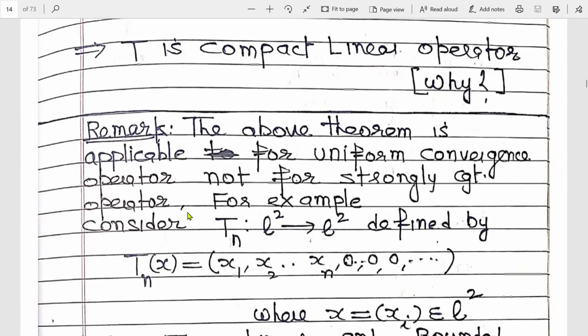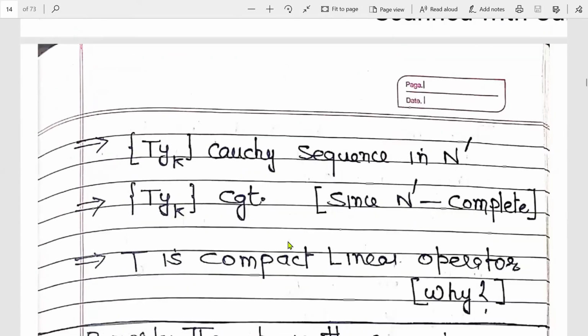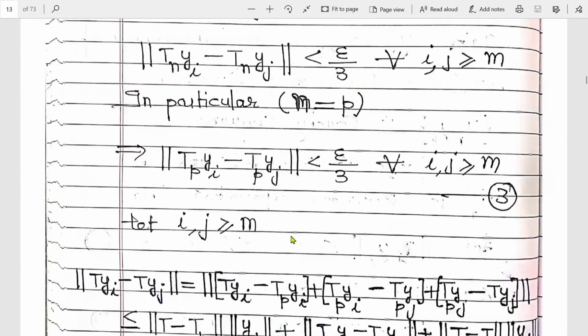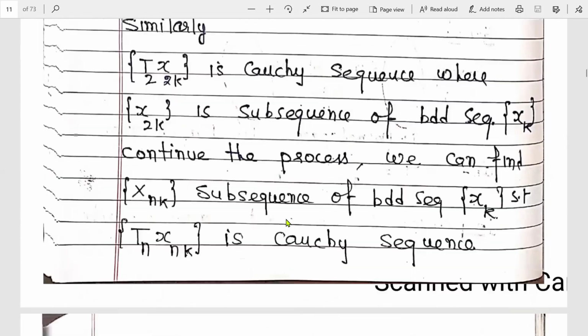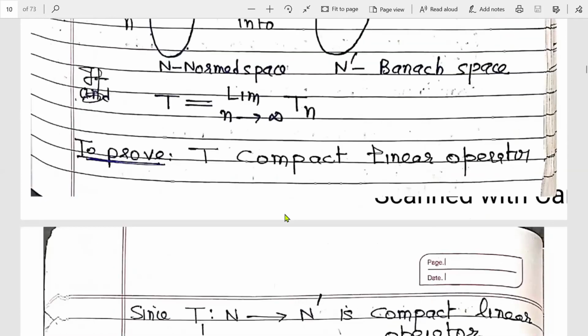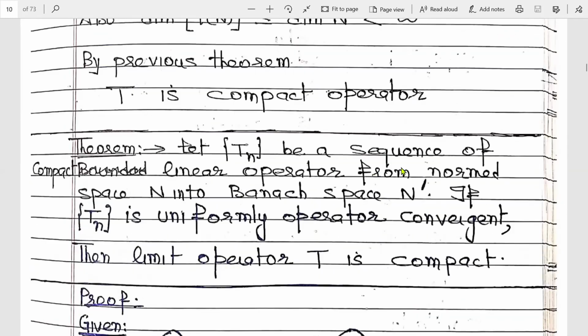It is not applicable for strongly convergent operators. So this theorem is applicable only for uniformly convergent operators, but not for strongly convergent operators, which we will discuss in the next lecture.